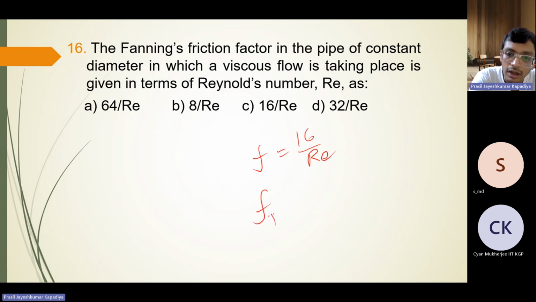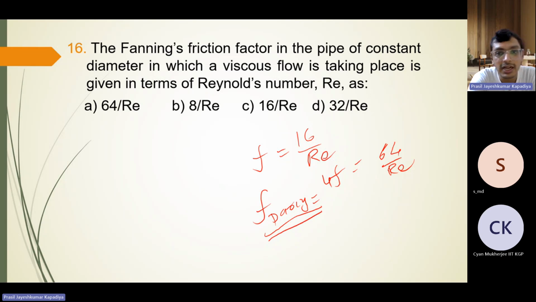And when we are taking Darcy's friction factor, f is 4 into the Fanning friction factor, that is 4 into 16, that is 64 by Re. When we look at the friction factor versus Reynolds number chart, the friction factor there is Darcy's friction factor. But here it is asked in terms of the Fanning friction factor. So our answer should be 16 divided by Reynolds number.